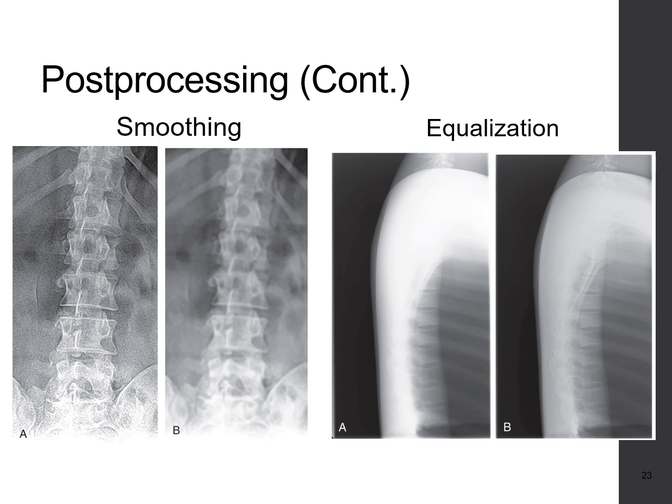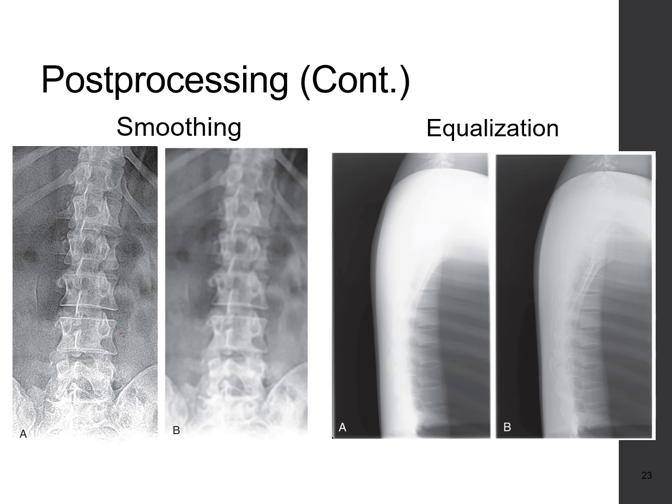Okay, here's an example of smoothing. As you can see, this has quite a bit of quantum mottle on this image. So what it did was in post-processing, we asked that image to be smoothed. And so what it did is it would average pixels around probably an unexposed pixel because of lack of mass, and it would fill in those gaps with its best guess.